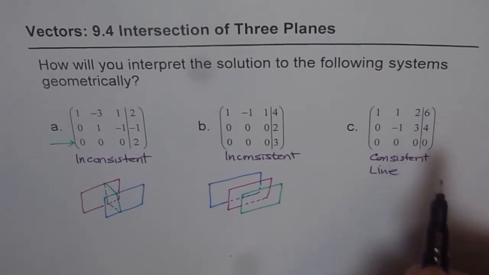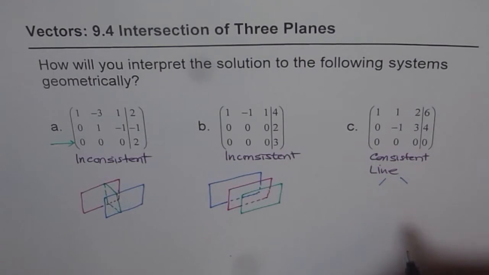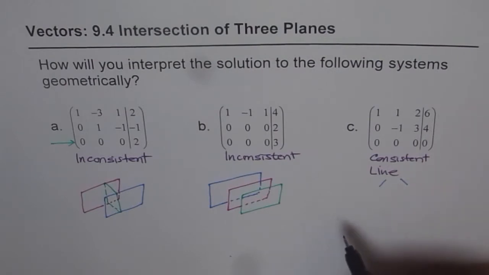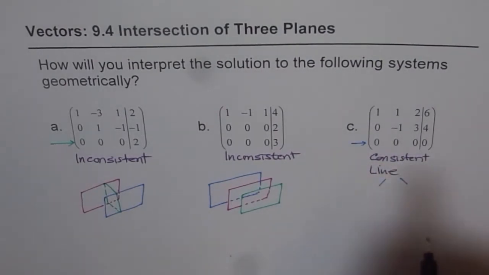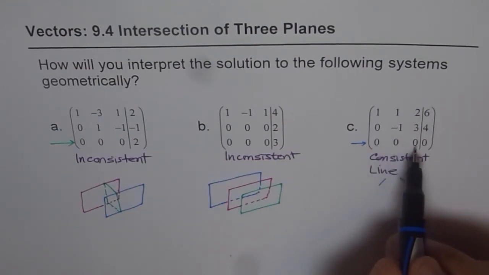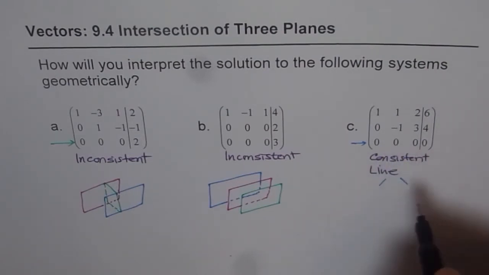So there are actually two scenarios in this. But most probably in this case, all three are intersecting in one line. That is absolutely clear from here, right? But the row is totally 0, 0, 0. That means two can have the same normal also. So there are two possible solutions here.